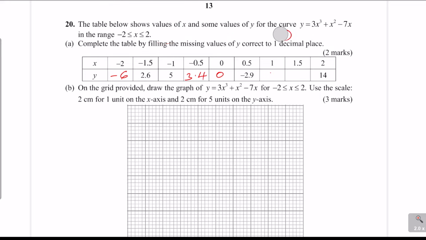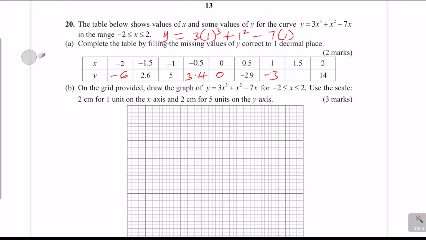Then the next is 1. So y is equal to 3 times 1 cubed plus 1 squared minus 7 times 1. Feed that in the calculator. That one gives -3.